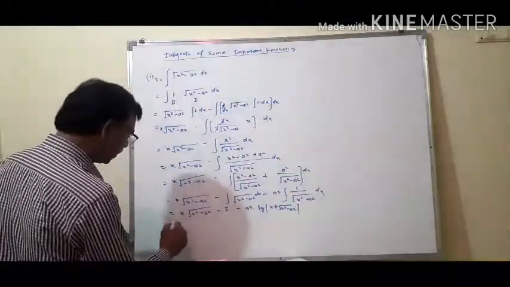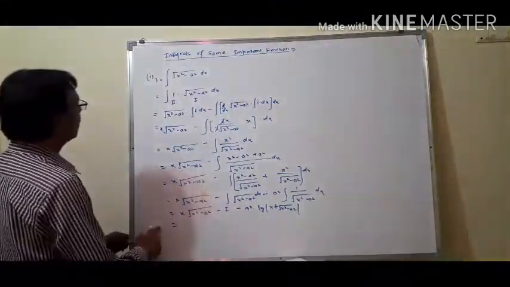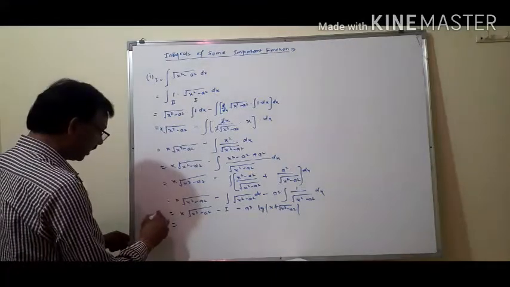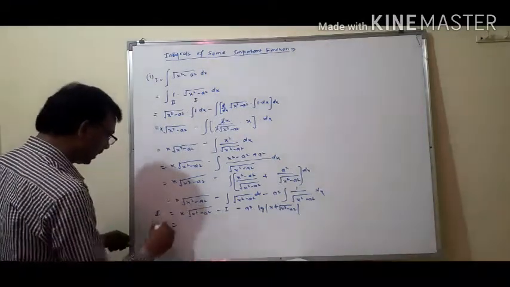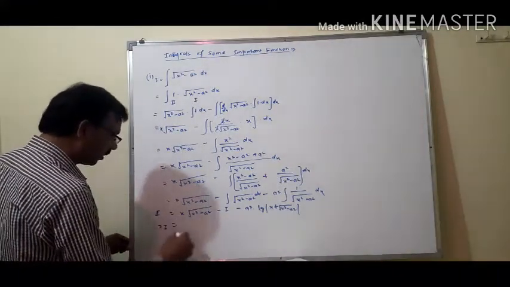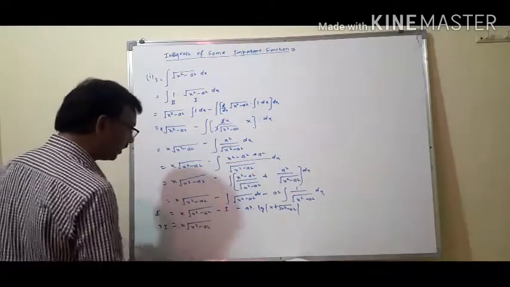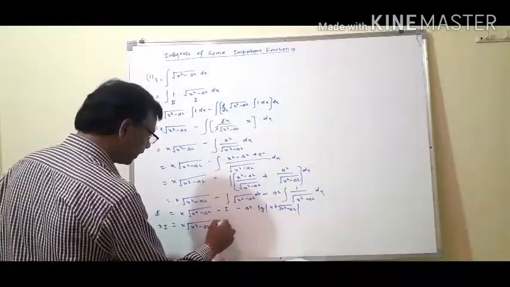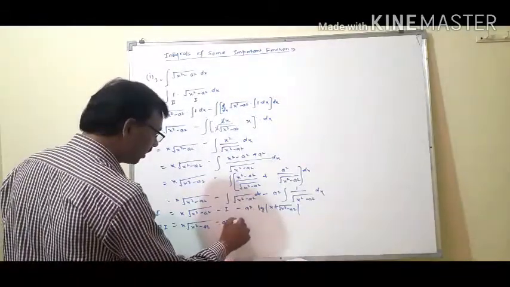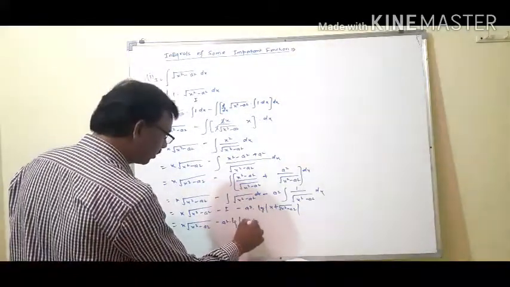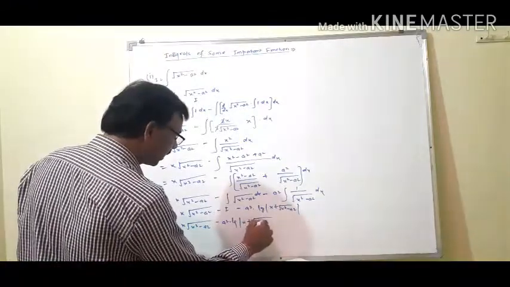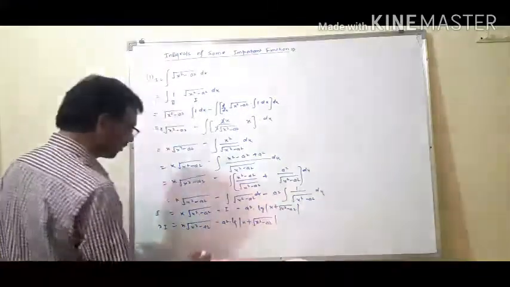So this will be equal to minus I. Transfer it to the left side, so this is I plus I. This will be 2I equal to x root under x square minus a square minus a square into log of x plus root under x square minus a square plus c.